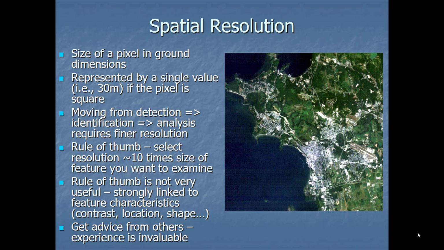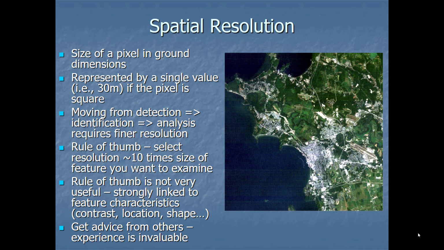So if we are moving into more sophisticated data analysis and going from just detection of areas to identification of specific features in the image, and then to finer analysis such as NDVI indices or looking at spectral characteristics, you're going to need finer resolution.